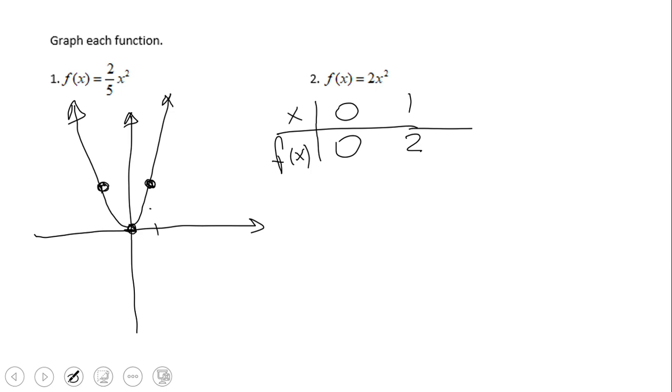As you notice, I use 0 and 1. Yeah, in this case, you don't really have to use 2 because you don't need to cancel anything here. It's 2x squared, not a fraction.